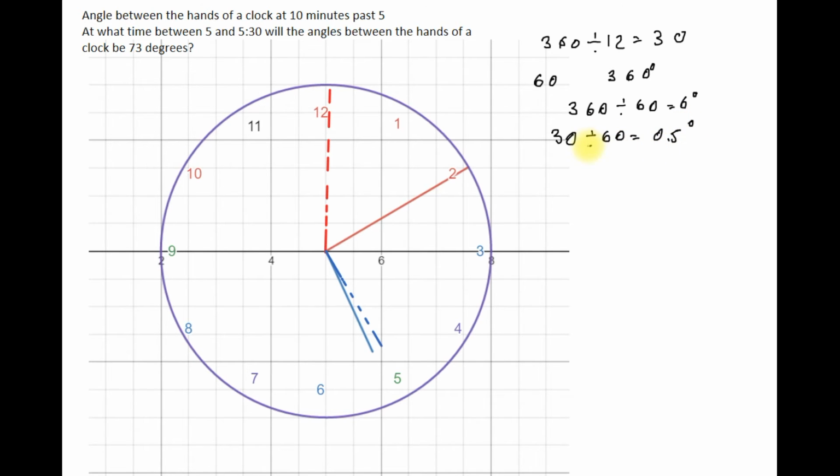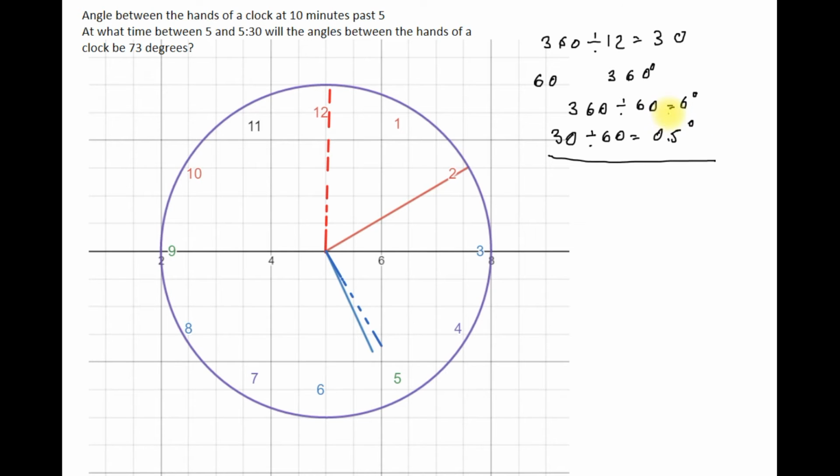That means for every minute the hour hand moves half a degree. And these two bits of information are what we will make use of in all calculations of this type.